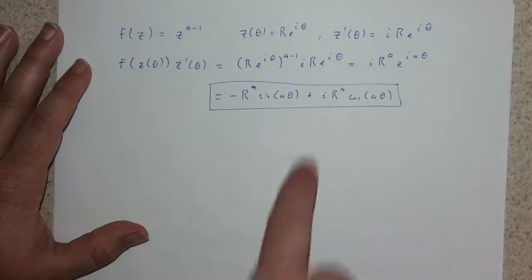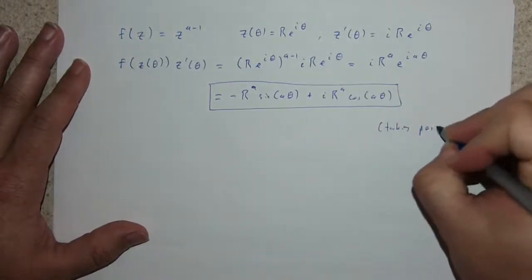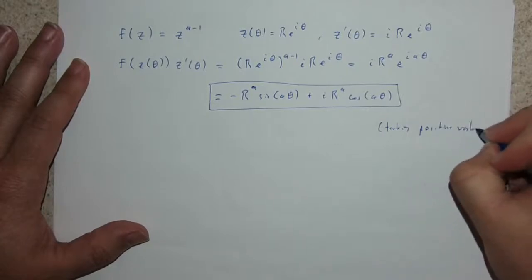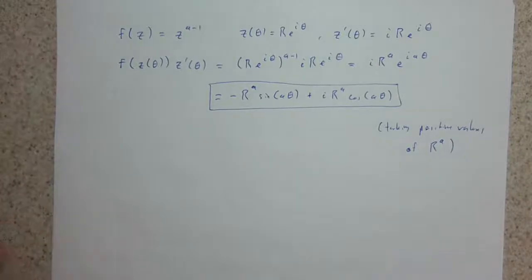So to fix that, we're going to take the positive values of r to the a. Again, remember a is just a non-zero real number, so a could be 1/2, for instance. Okay, so we have to address that.